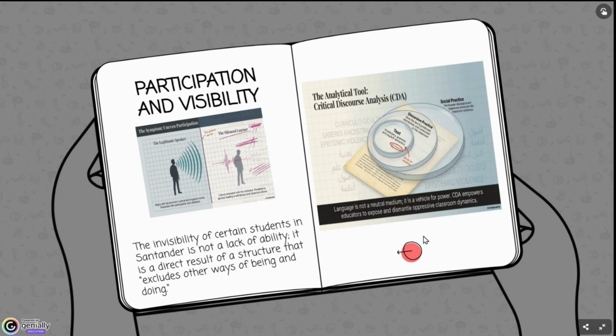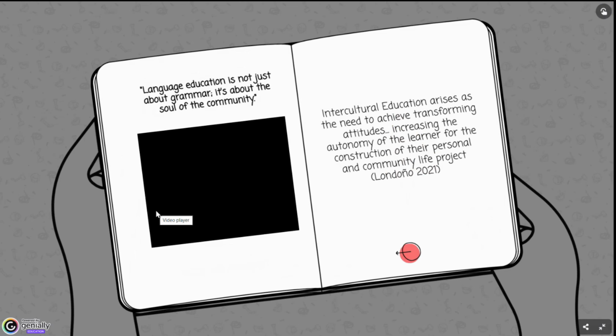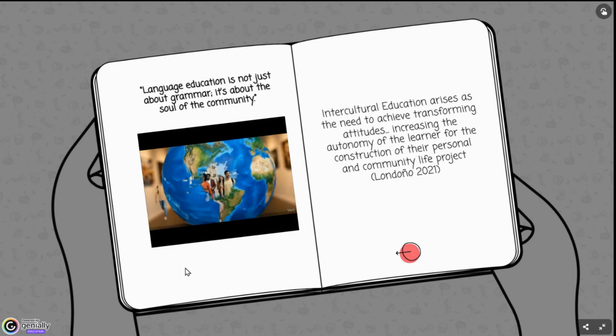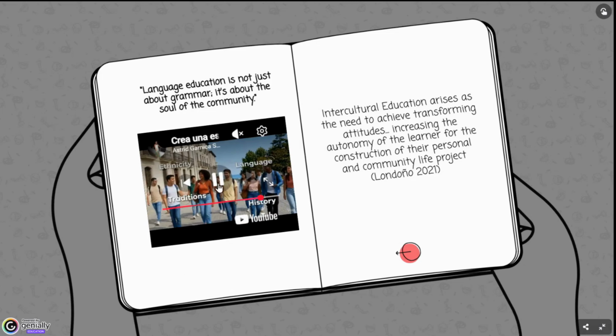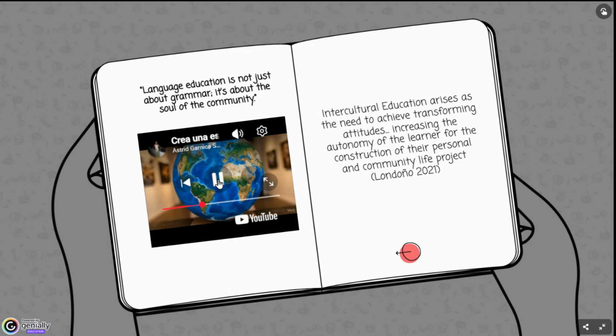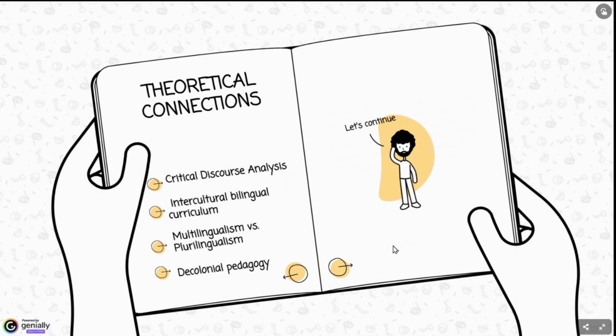The second perspective is the intercultural bilingual curriculum. From this approach, language education should go beyond linguistic skills and connect with student lived experiences and cultural identities, valuing diversity as a pedagogical resource, as proposed by Londoño 2021.